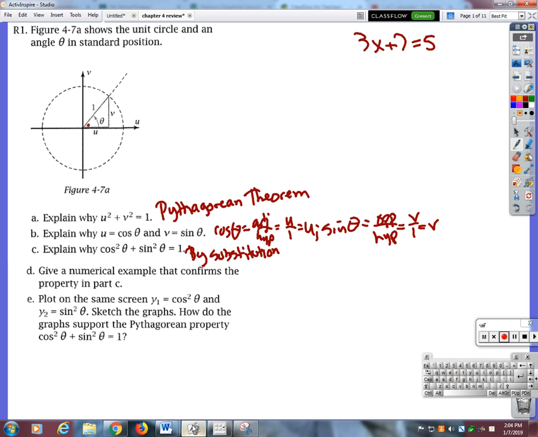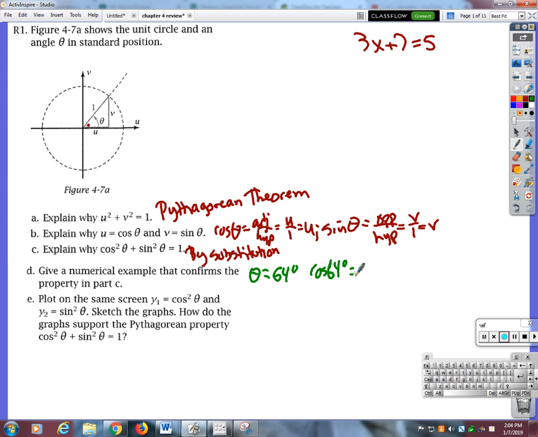Austin, let's show that this is true using numbers. Can you give me an angle in between 0 and 90? 64, that's what I was going to say. Okay, so let's figure out what the cosine of 64 is. Do you have a calculator?